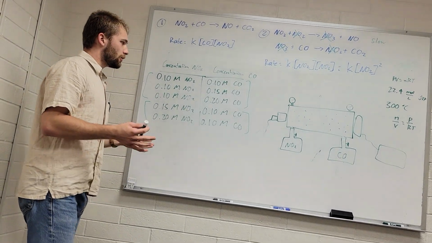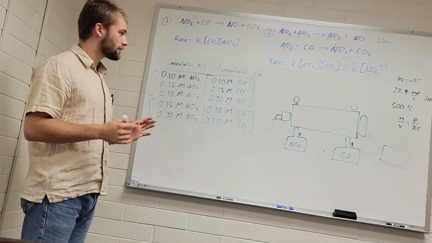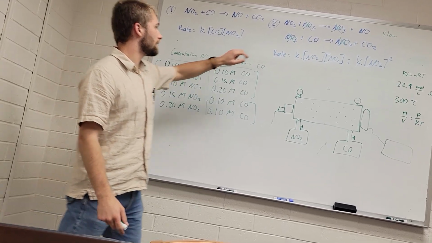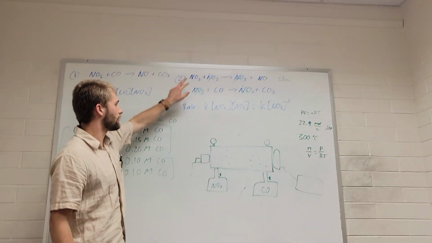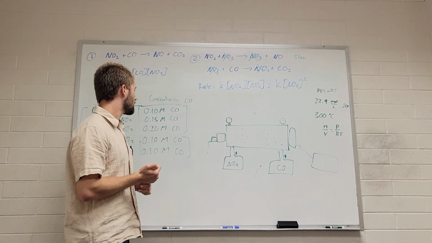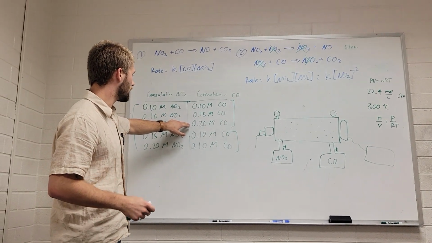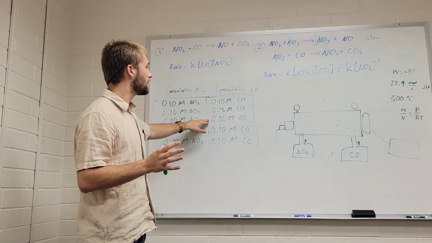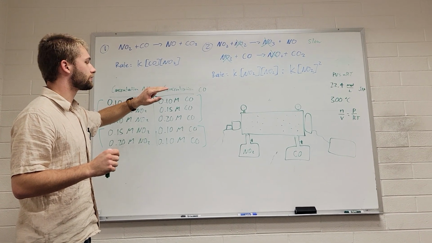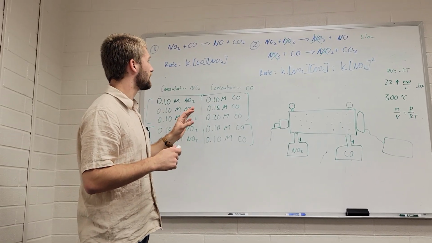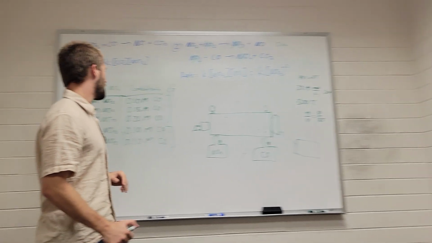Now, if we see no change in the initial rates between these 3 trials, then we can assume this is the mechanism of action, right? Because carbon monoxide is 0th order in this mechanism. So if changing the molarity of carbon monoxide doesn't do anything to the rate, then we'll fail to disprove, I guess, that this is the mechanism of action.